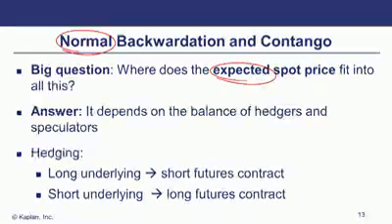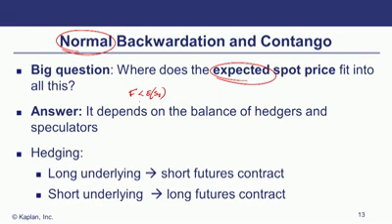So, for example, normal backwardation will be a situation where the futures price is below the expected spot price in the future, right? So we no longer relate the futures to the current spot price, we relate it to the expected spot price in the future.